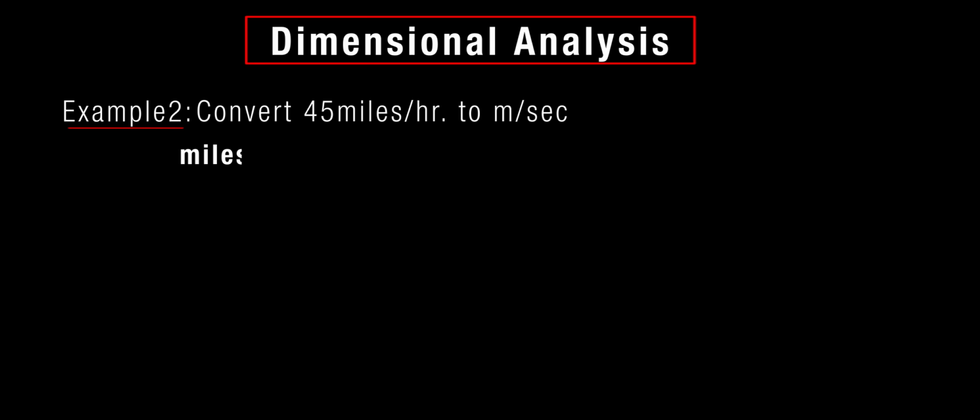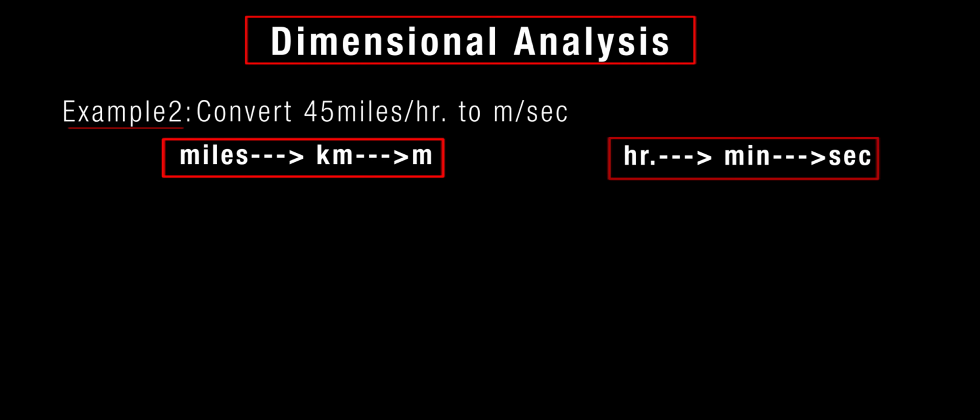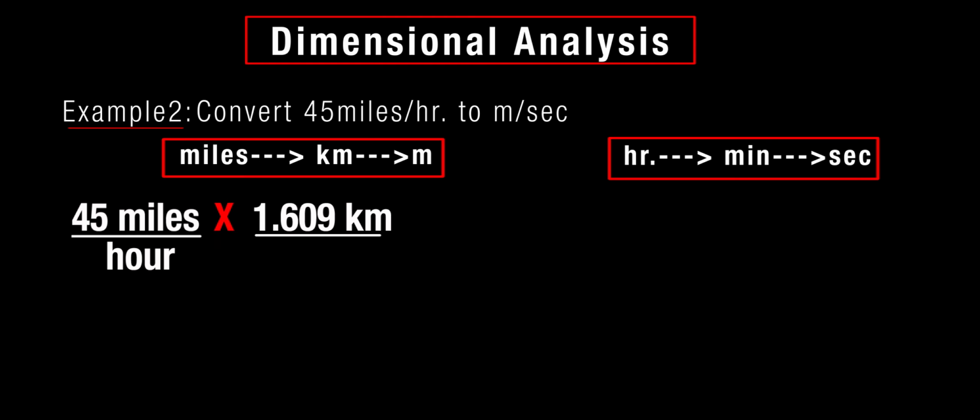First, convert miles to kilometers and kilometers to meters, and then convert hours to minutes and minutes to seconds. Remember to diagonally match the units. To set up, you multiply 45 miles per hour times 1.609 kilometers per mile, because 1 mile equals 1.609 kilometers.